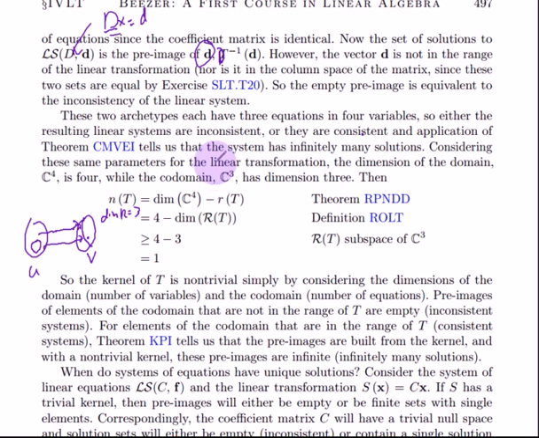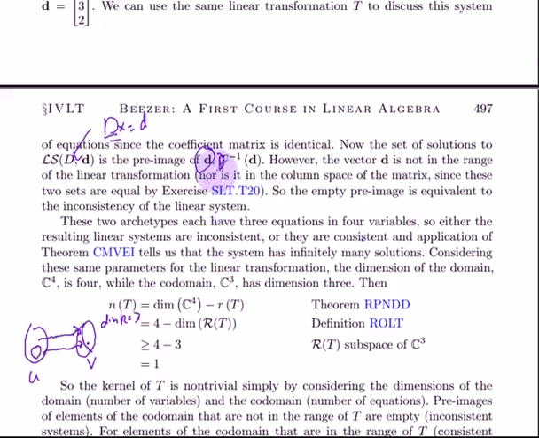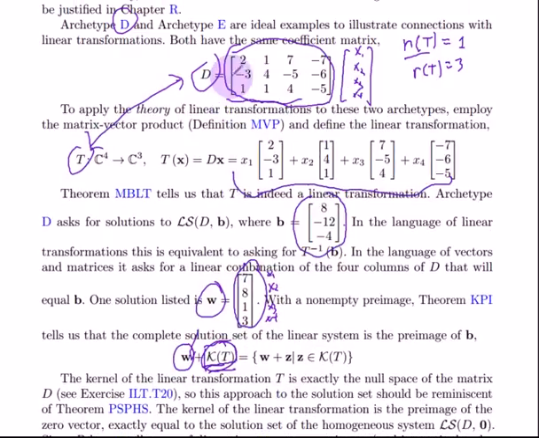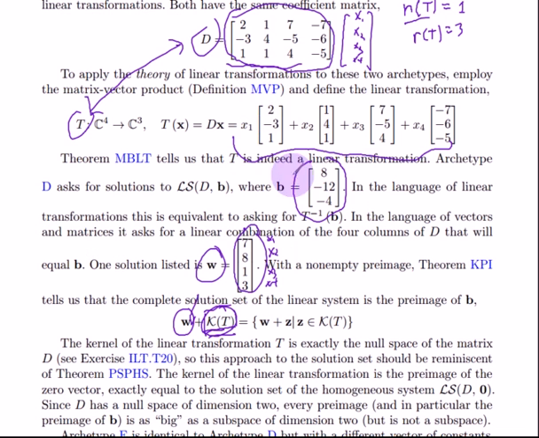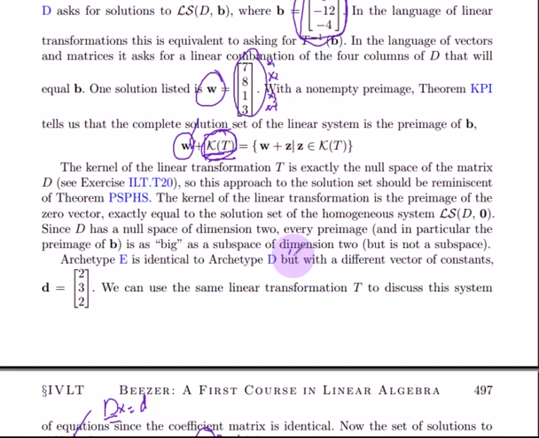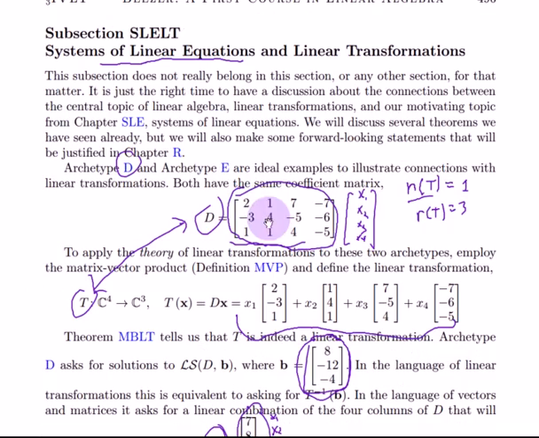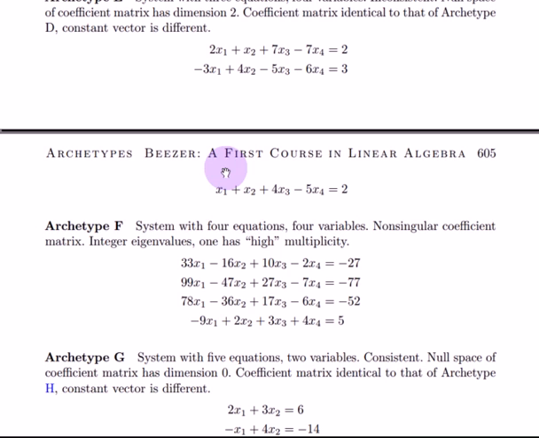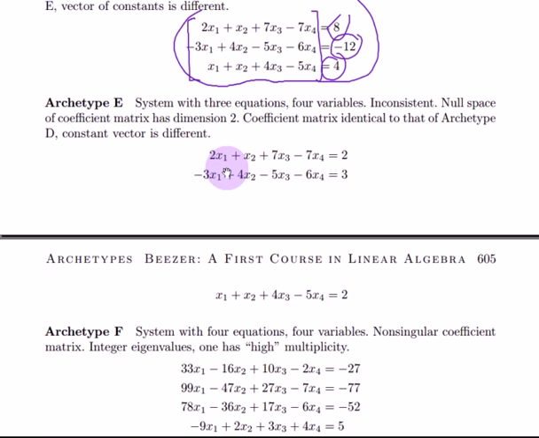What does that mean? That means that for this system of linear equations with these coefficients, there are going to be some constant vectors for which there's no solution. In this particular case, there was a solution. In archetype E, if we go back there, archetype E is here. Archetype E had a different constant vector over here, 2, 3, 2.